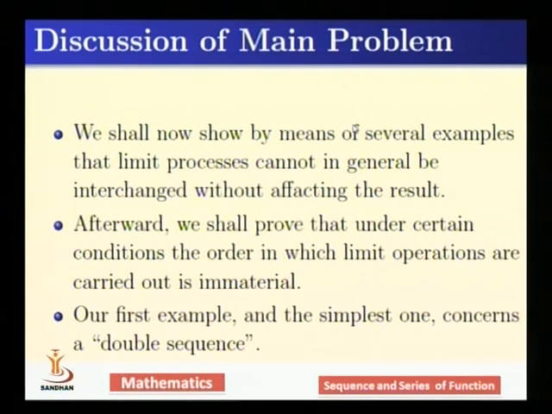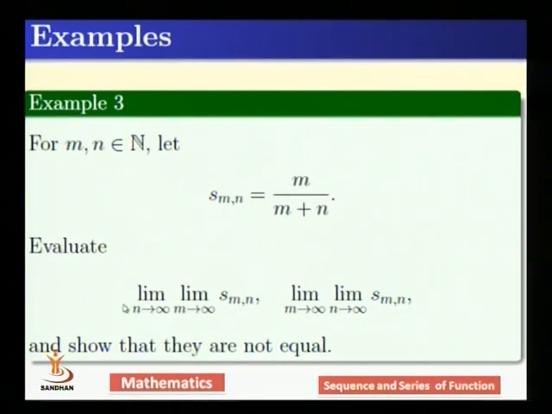Our first and simplest example is nothing but a double sequence. So let us look at this example. For m and n belonging to N, the set of natural numbers, let s_mn be equal to m upon m plus n. Then the problem is the following. Let us evaluate.